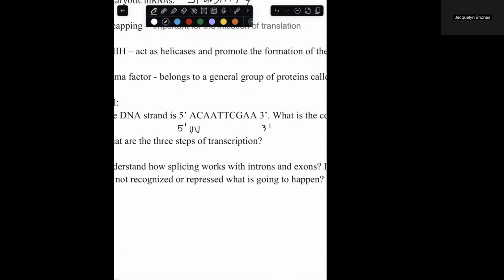So it's going to be U, U, C, G, A, A. So just make sure you check your values like this. Come on. Like that is there, but you have to remember our primes.